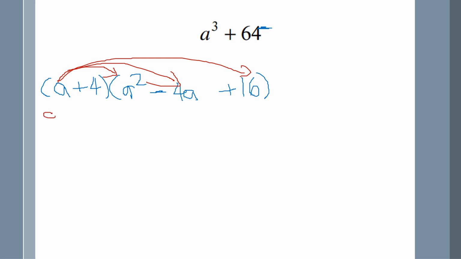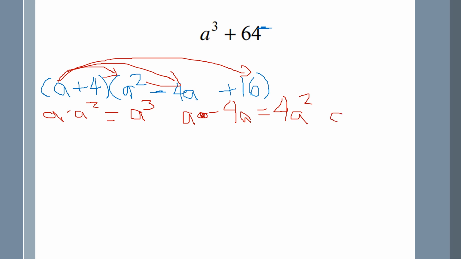So a times a squared is a cubed. A times negative 4a is negative 4a squared. And this is multiplication. And then you're going to get a times 16, which is 16a.